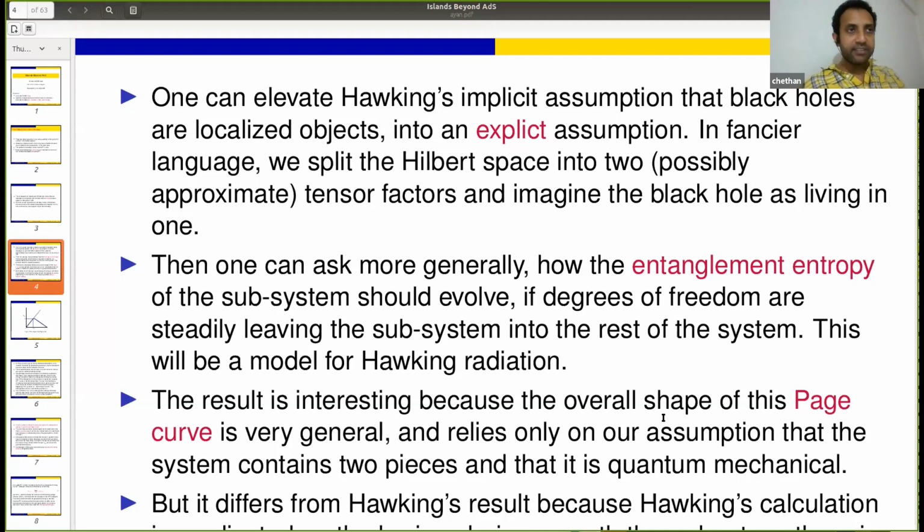Somehow semi-classical gravity seems to magically know the Page curve, even though the density matrix itself is not accessible to it, one would imagine. It's not accessible because there is too much information in the density matrix, even though the trace of rho log rho is much less information in some sense. It's just one number compared to the density matrix, which is some N times N.